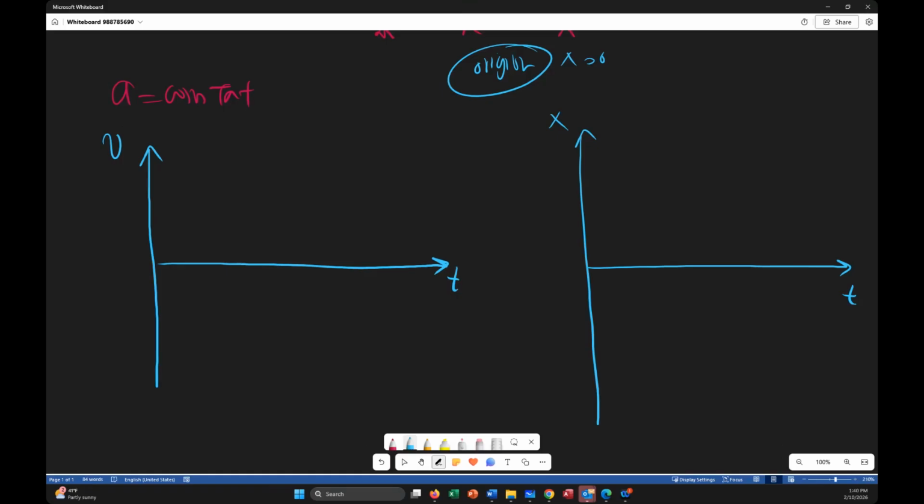You remember when we had a constant acceleration, it means the velocity is changing. Velocity can get bigger, can get smaller. So there are 4 different situations.